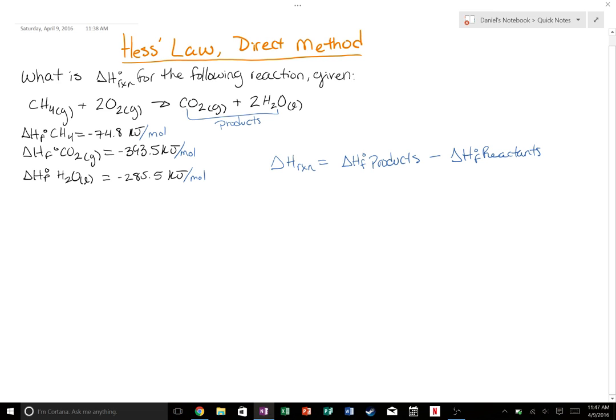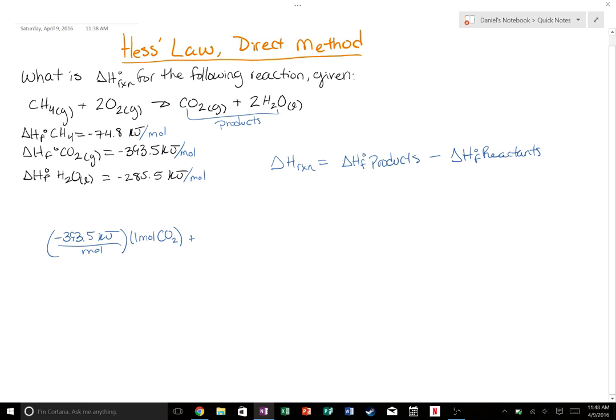And we have carbon dioxide, and we have to look how many moles of carbon dioxide do we have in this reaction. So the little ingredient or the recipe here calls for 1 mole of carbon dioxide to be produced. So we know that we don't have to multiply carbon dioxide by anything, so we're just going to leave it like that. So negative 393.5 kilojoules over mole, and that's going to be times 1 mole, right? 1 mole of CO2.